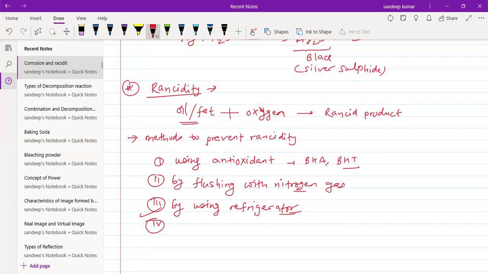Now next, you can say by airtight container. So these are the methods by which you can prevent rancidity.